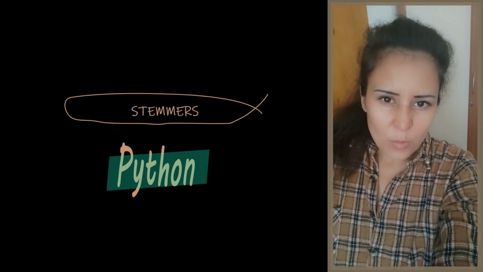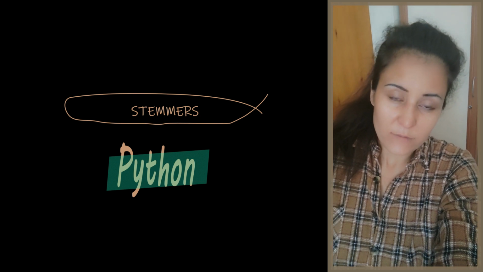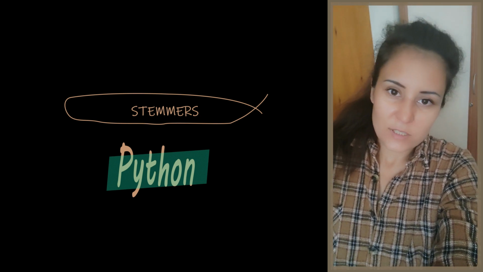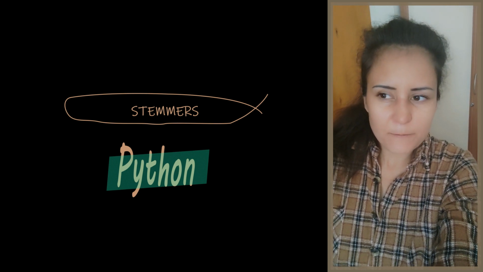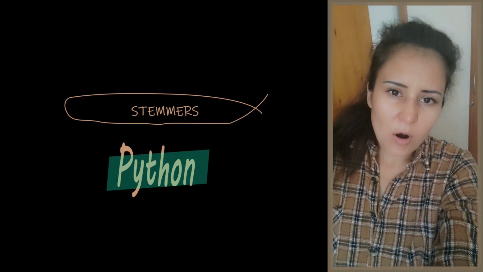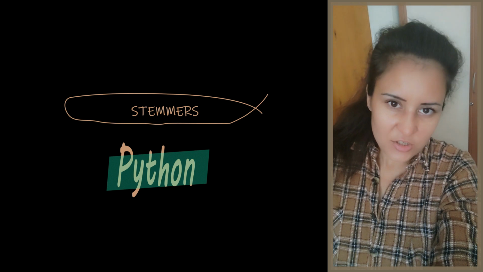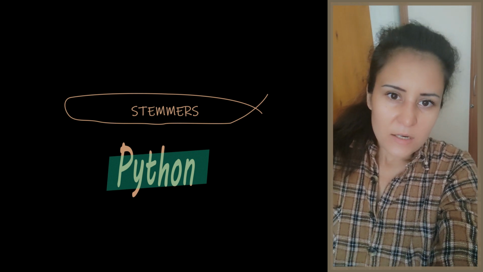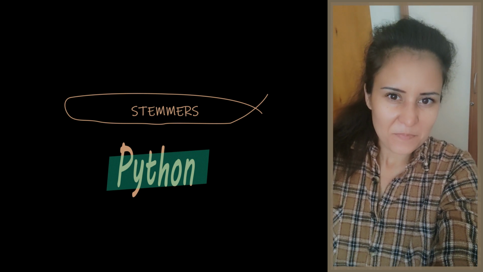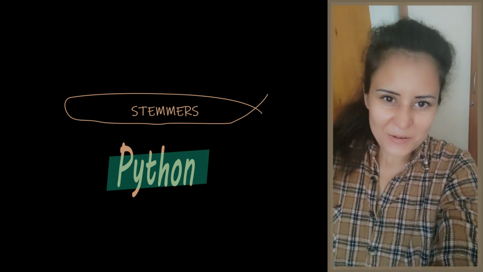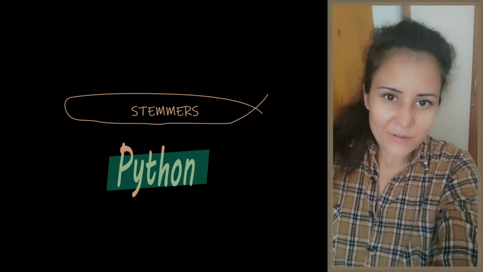This word normalization or text normalization, whatever we call it, it doesn't matter. When it comes to its history, the algorithms of stemming and lemmatization have been developed since 1960. Yes, it sounds interesting. It's not new. We are new in this field.